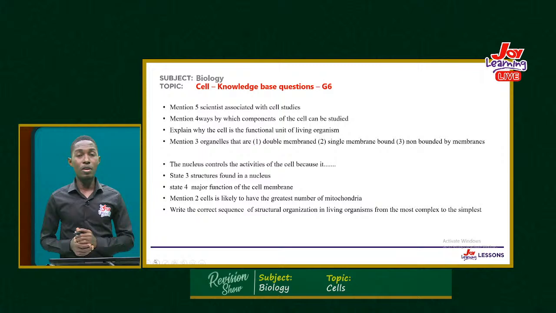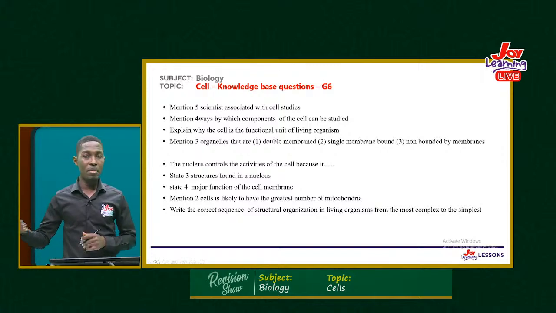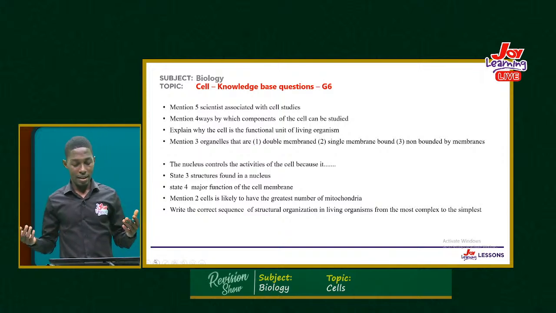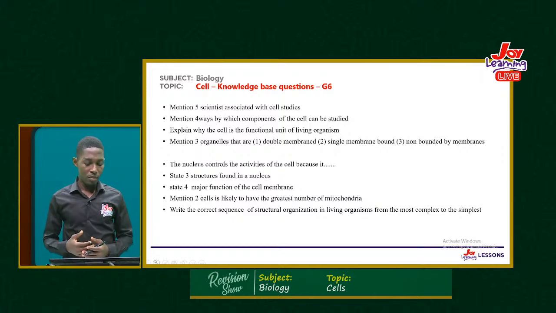Then mention 3 organelles of the cell that are double membrane, single membrane bound, or non-membrane bound at all. Then the nucleus controls the activity of the cell. Why? Then still 3 structures found in the nucleus.